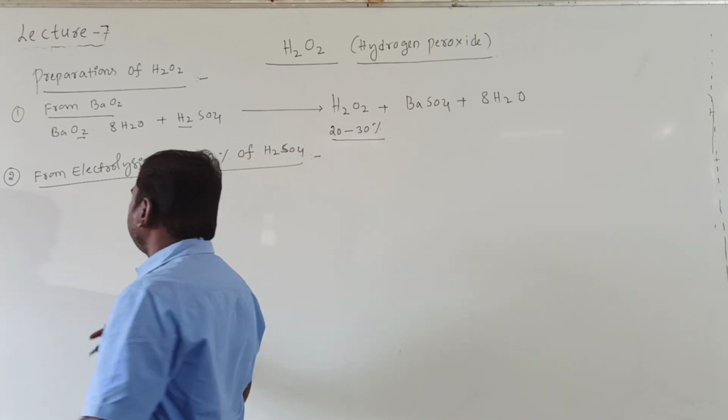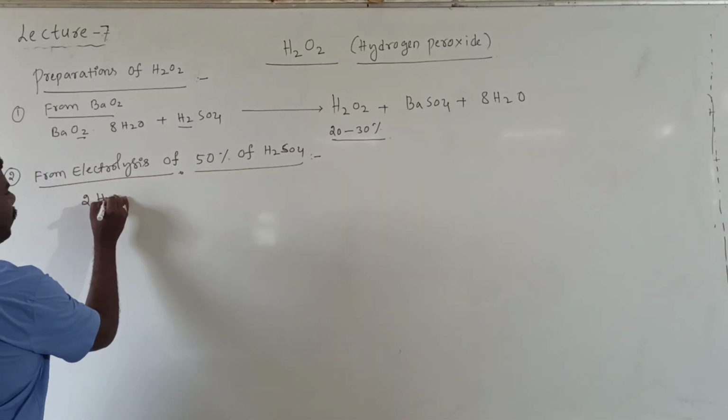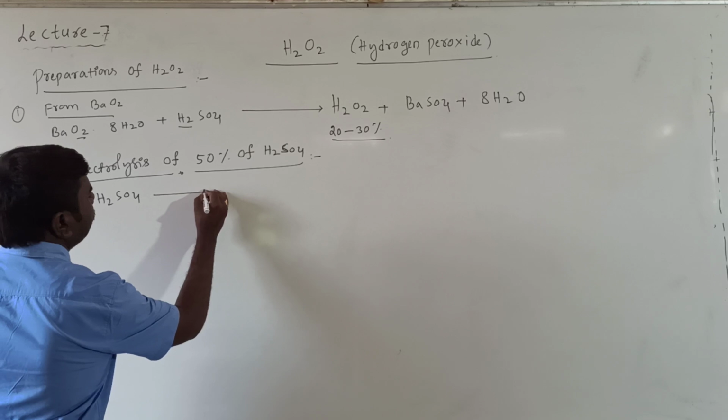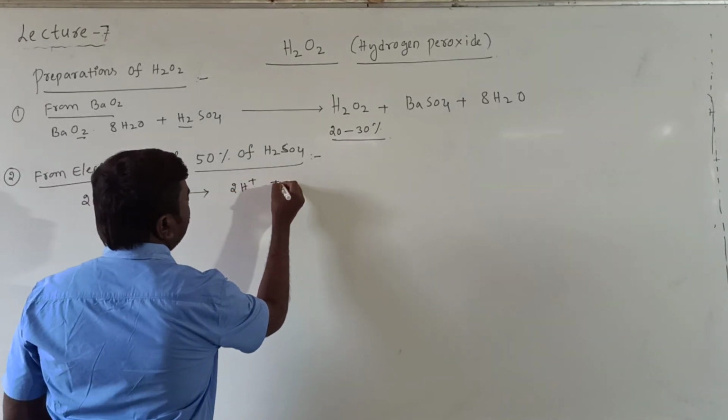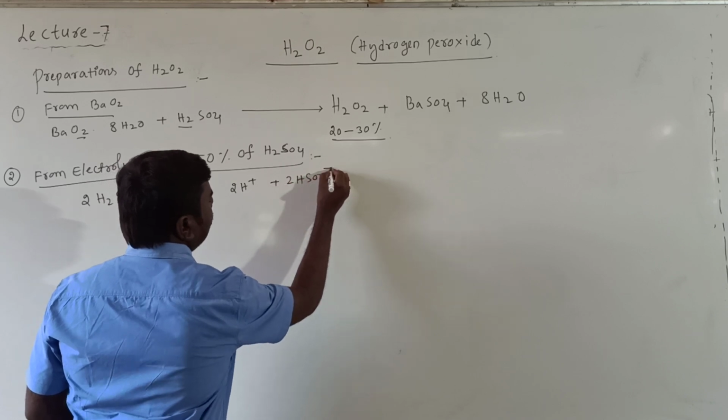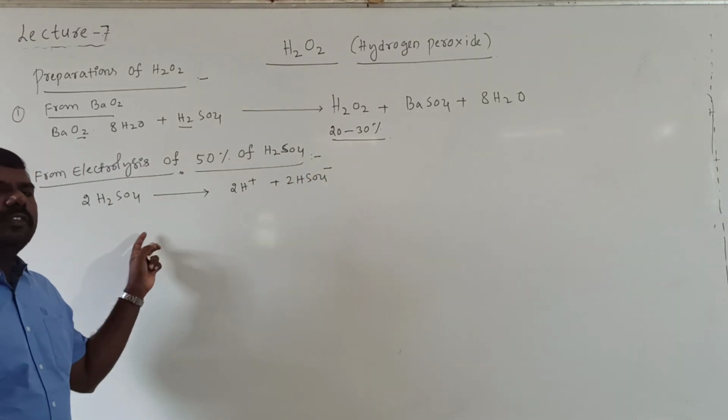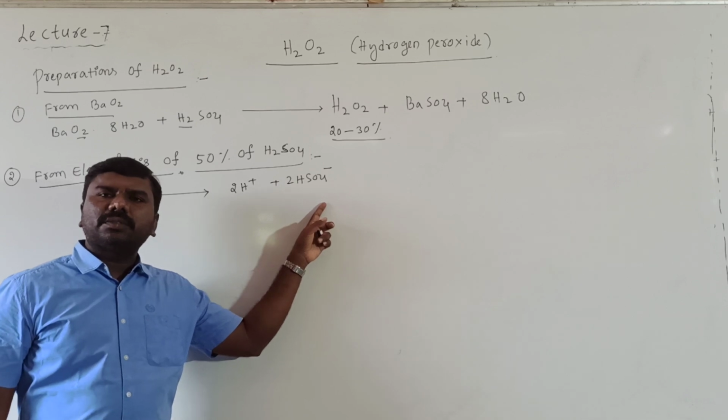How will it happen? 2 moles of H2SO4 is taken, then it will be ionized: 2H+ plus 2HSO4-. H2SO4 is converted into H+ and HSO4-.